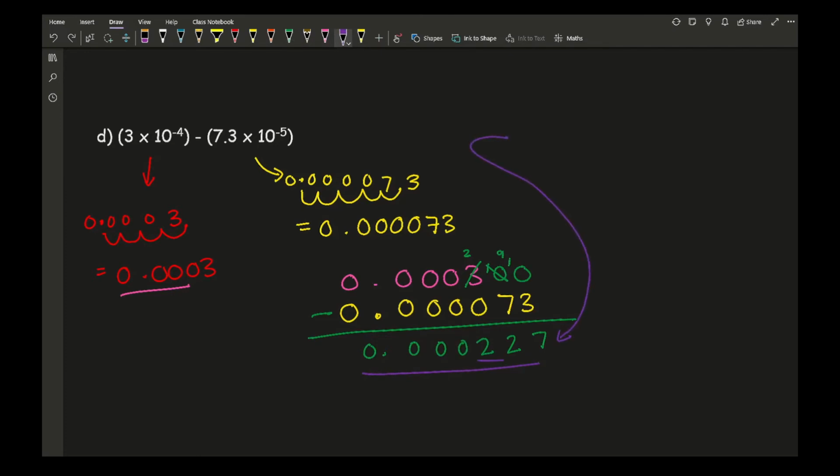So that's going to be 2.27 times 10 to the power of, and I've put my decimal point here, it's 1, 2, 3, 4 places, so it's to the minus 4, and there is my final answer. Let me just highlight that a little bit more, and there it is.